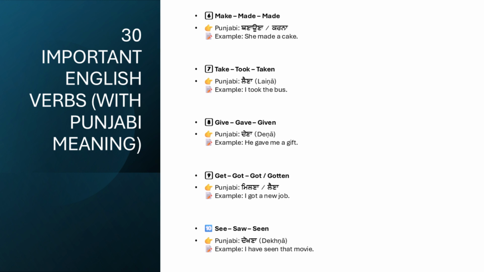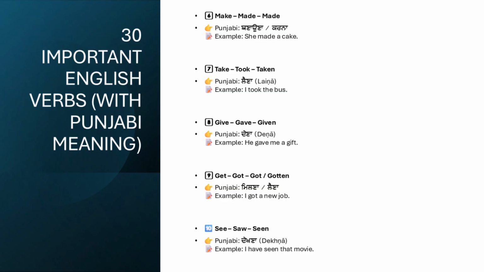And eighth verb is give, which means dena. Give, gave, given. Give is the base form, gave is the past form, and given is the past participle. For example, he gave me a gift.